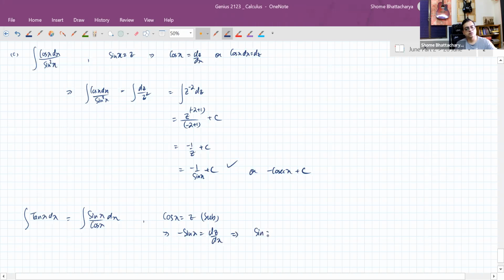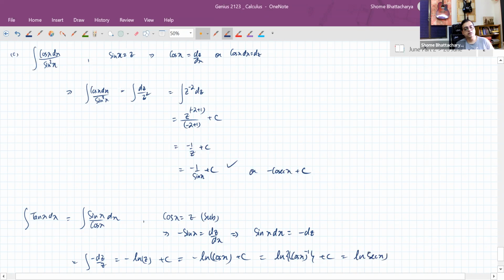So sin x dx becomes minus of dz. So this becomes minus of dz by z. That is minus ln z plus c. That is minus ln cos x plus c. That is ln of cos x to the power minus 1. That is ln sec x. So what we had seen as a standard formula, that integration of tan x is ln sec x, actually comes from substitution.